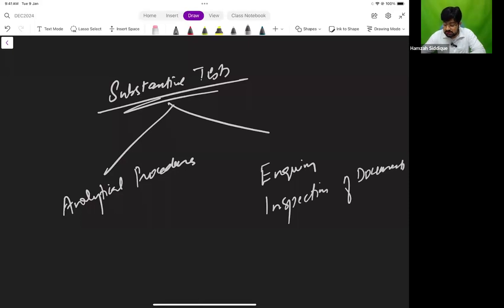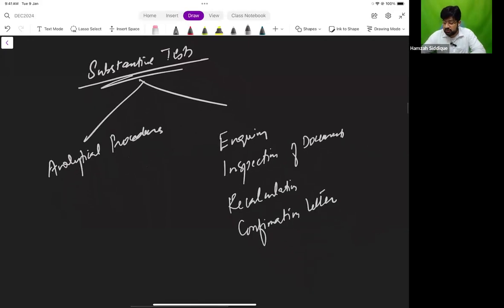You inquire, then recalculation, confirmation letter. Sometimes you go for physical verification of assets as well, and observation.